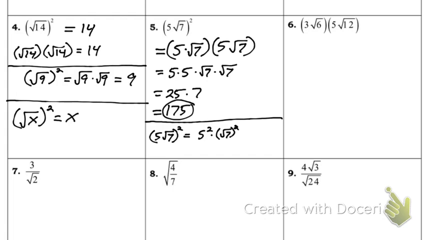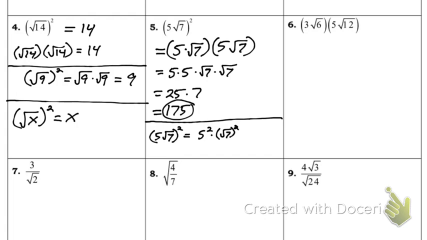Could you write it like square root of 25 times square root of 7, and then put those together, and it would be like square root of 175? Yep. So Jacob came up with a good idea. Well, 5, I can revert to square root of 25. And the square root of 25 times square root of 7 would be the square root of 175. Square that, and we end up with 175.